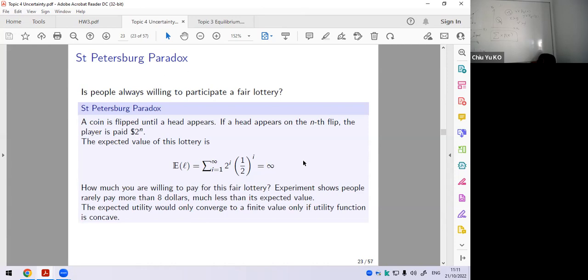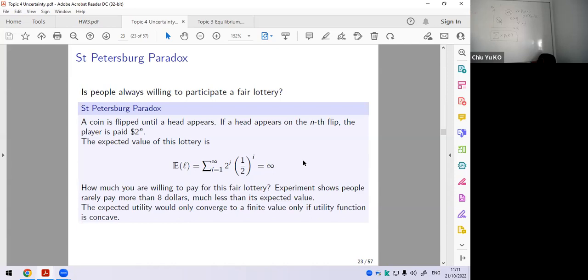Maybe this is easier to write down what you get. If the first one is head, you get $2. If you have tail and head, then you get $4.